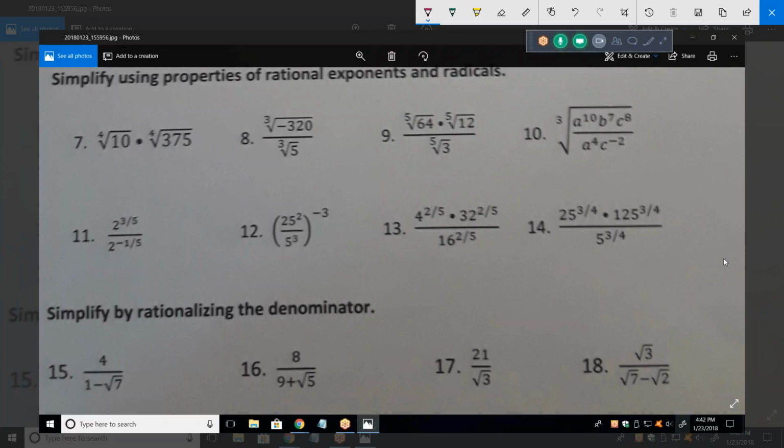Okay, let's do the same thing on 3. So it's the third root of negative 64. That we can turn into a whole number.